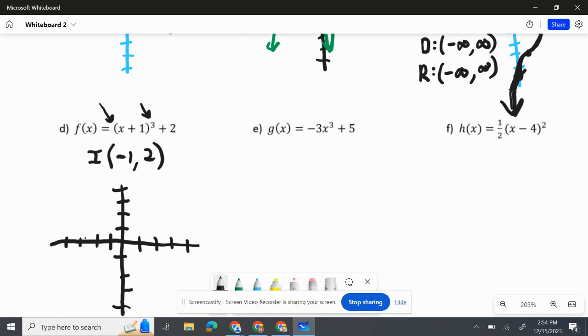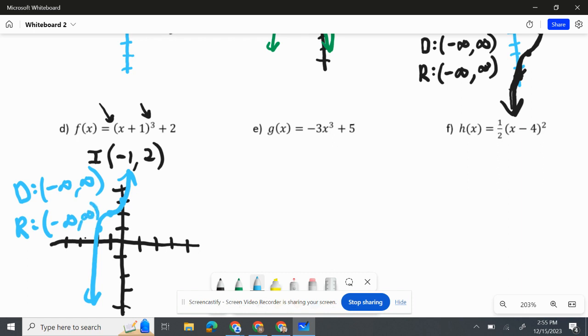So we plot the -1, 2. We go up 1 to the right one, and down 1 to the left one. Then we make it curved. Once again, our domain is the same, -infinity to infinity, and our range is also the same, -infinity to infinity.